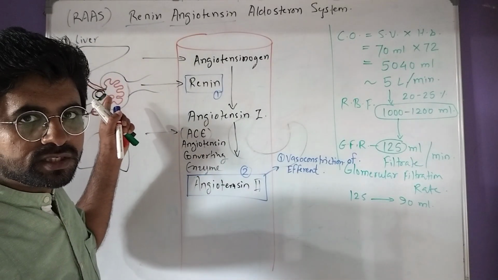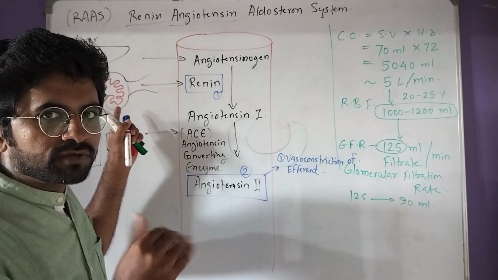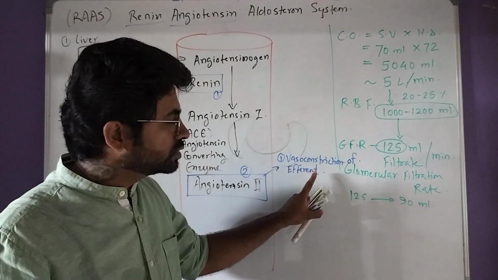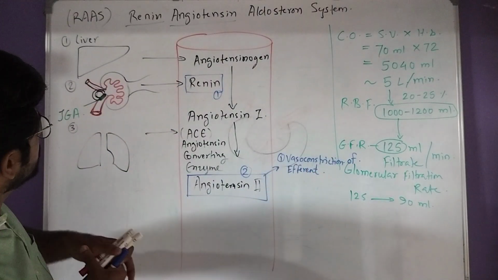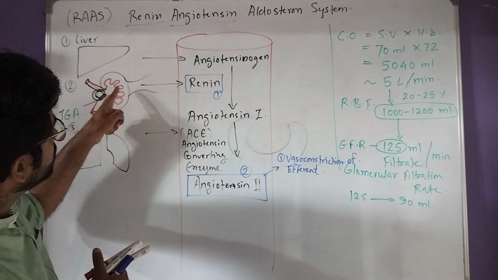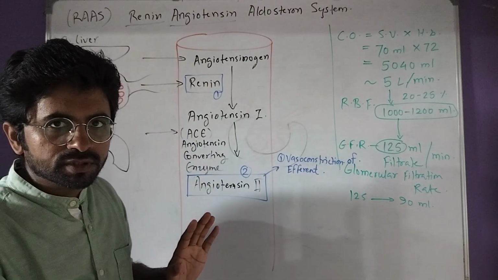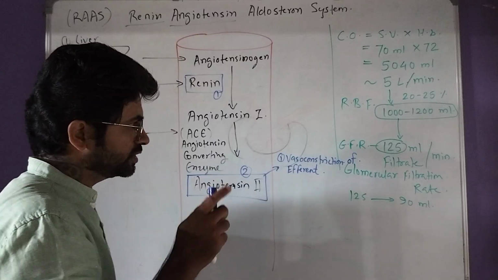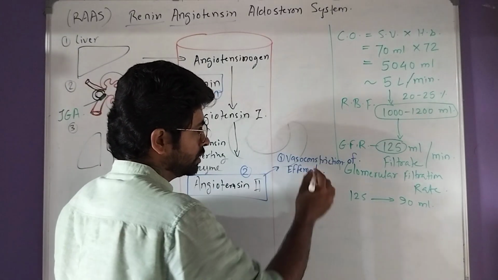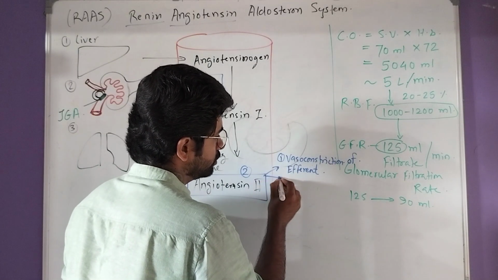Is it exactly water? It is plasma of blood, that's why hydrostatic. So your GHP increases, and if the efferent is constricted, the pressure will actually apply on the filtration membrane, and that's why your filtration rate increases. So the first function is vasoconstriction of the efferent arteriole.